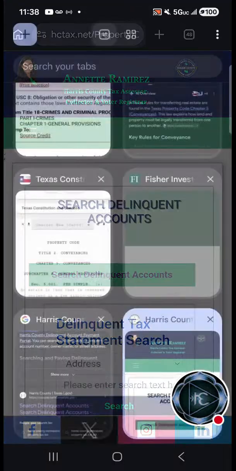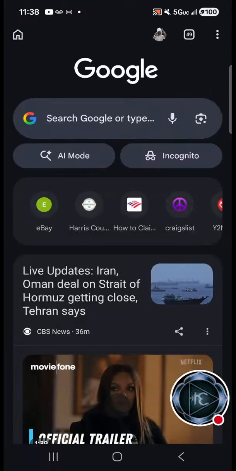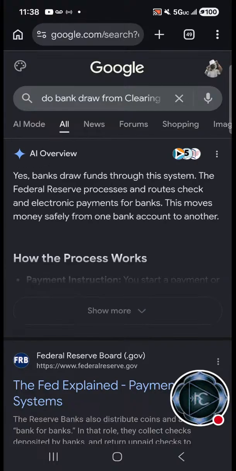Say, for example, you just want to learn, okay? Let's do this. I'm going to go to my own personal search that I did. And this is what I wrote: Do banks draw from the Federal Reserve?